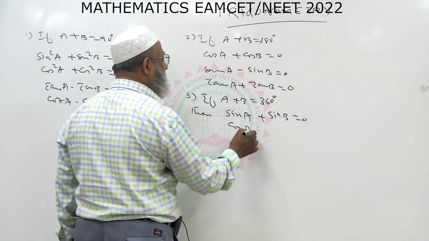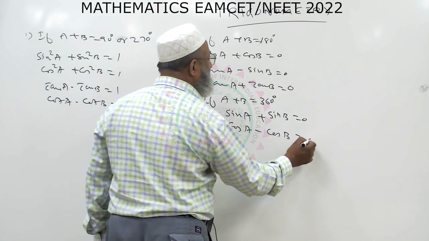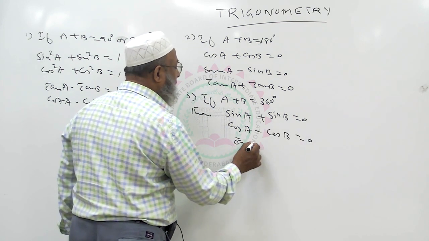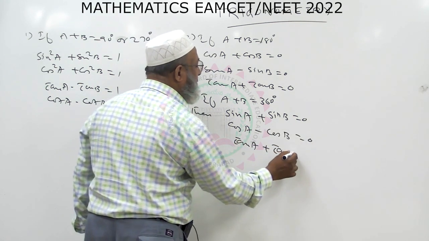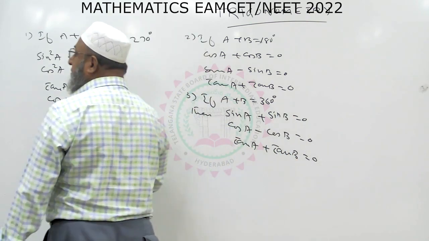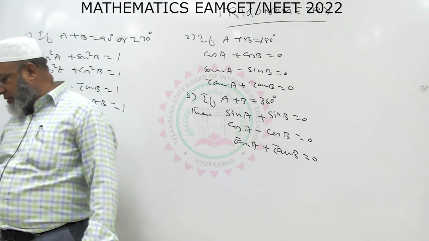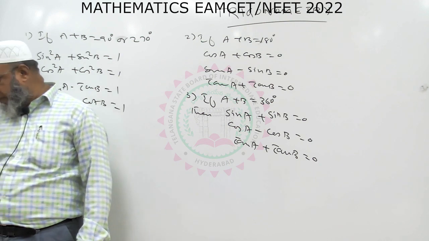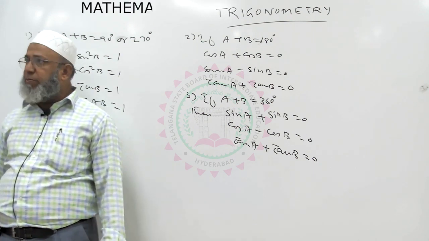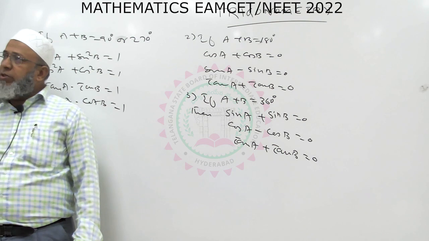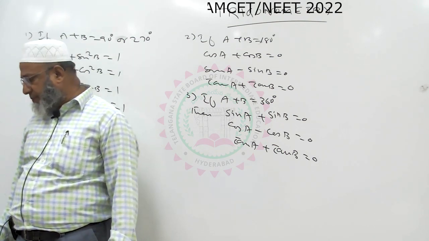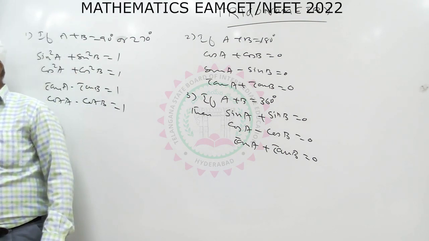Cos A minus cos B is equal to 0. And tan A plus tan B is equal to 0. Is it clear? So, keeping in mind these formulas, inshallah, we will do some numerical questions.